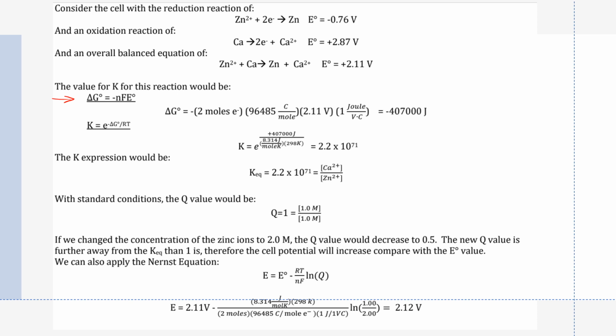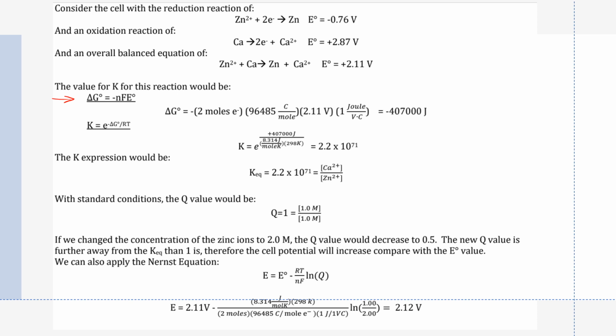And remember that 1 joule is 1 volt times coulomb, that's your constant. That equals negative 407,000 joules.